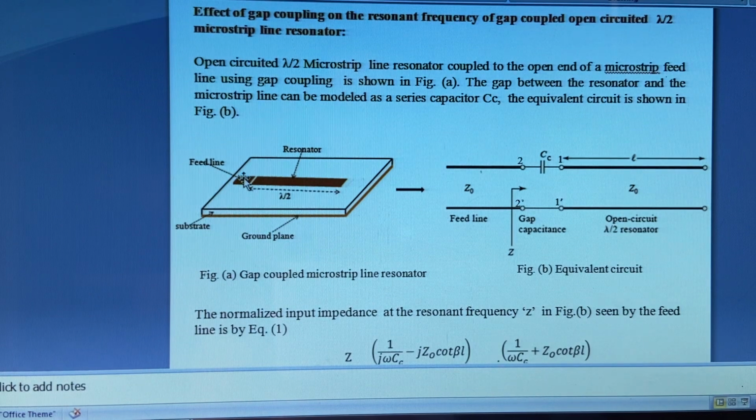Now we will see how this gap coupled feeding method affects the resonant frequency of this structure.